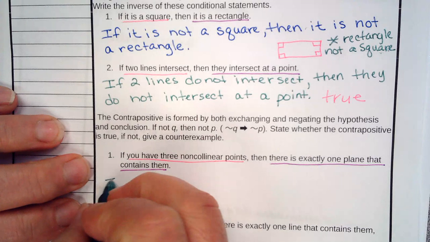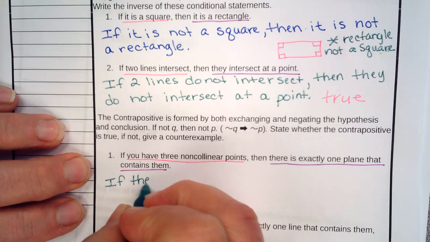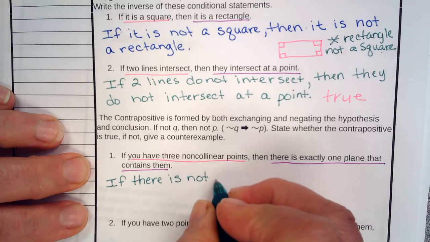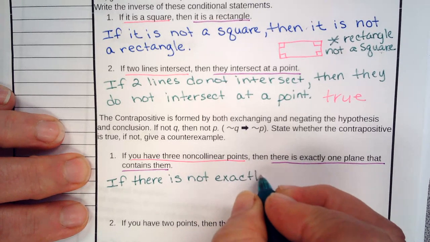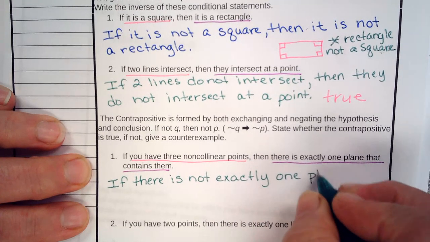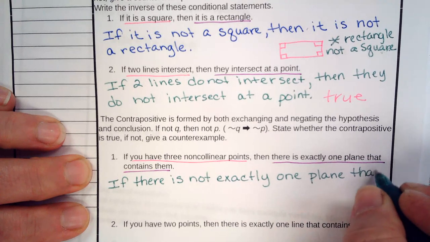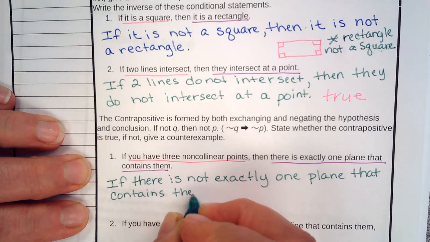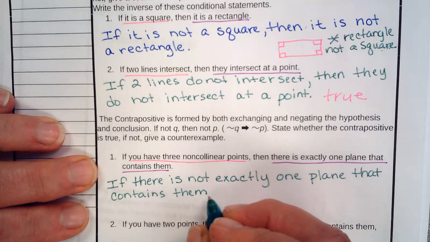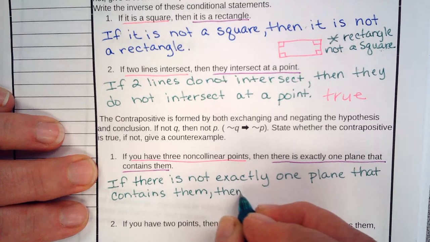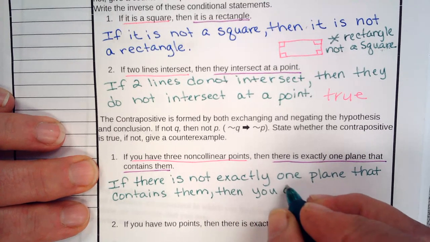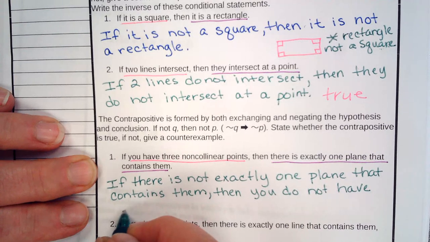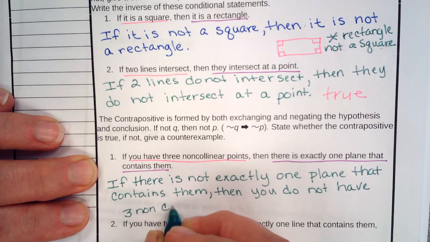If there is not exactly one plane that contains them, then you do not have three non-collinear points.